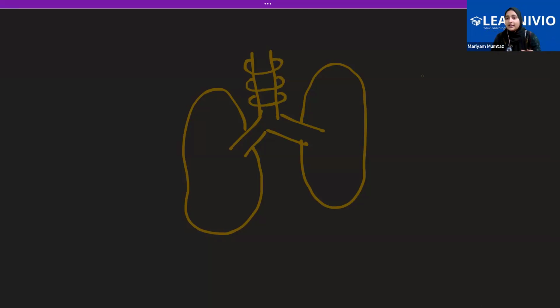So, if these cartilage rings are not present, our trachea, while we are breathing out, will go like this, completely sticking onto itself. So to protect its shape and keep it like a tube, the cartilage is there to prevent it from collapsing, so that our trachea doesn't collapse while we are breathing out.